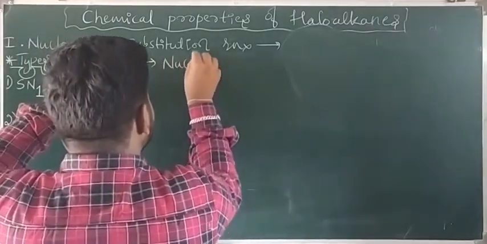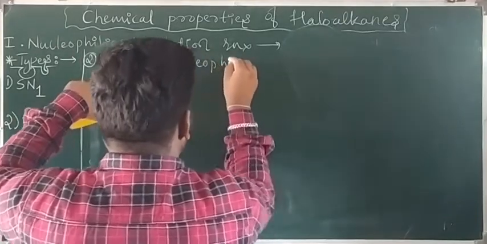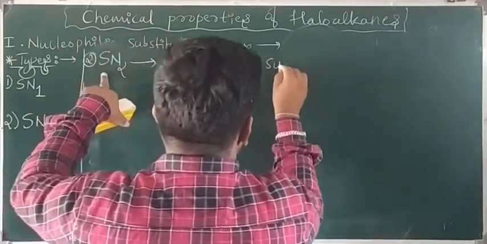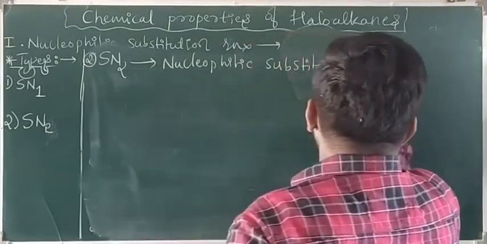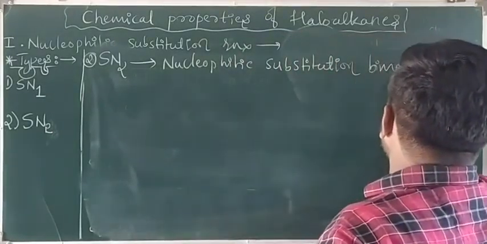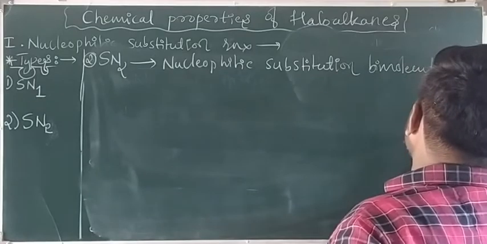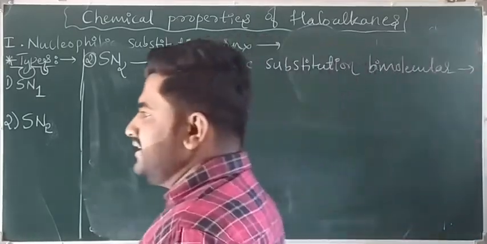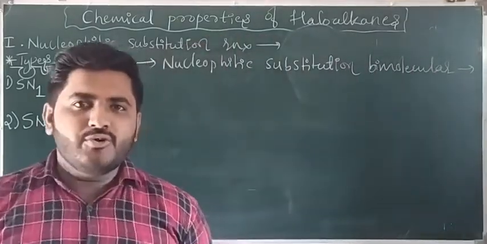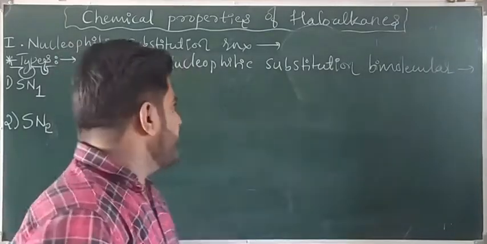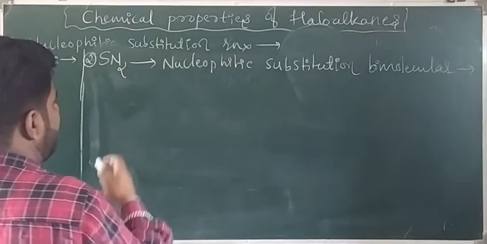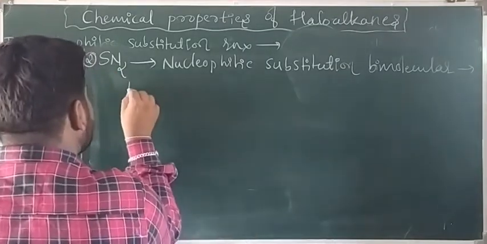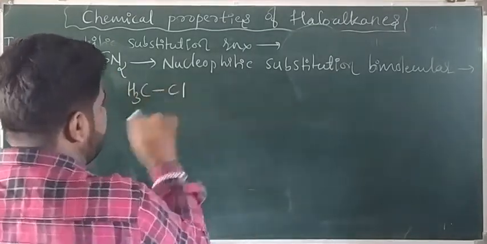Nucleophilic substitution bimolecular. In SN2, nucleophilic substitution bimolecular, we usually take a primary haloalkane or alkyl halide. This is CH3Cl I will take.